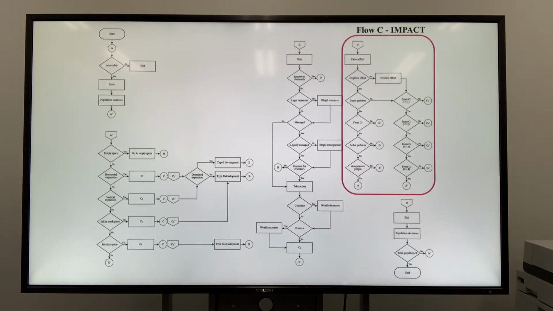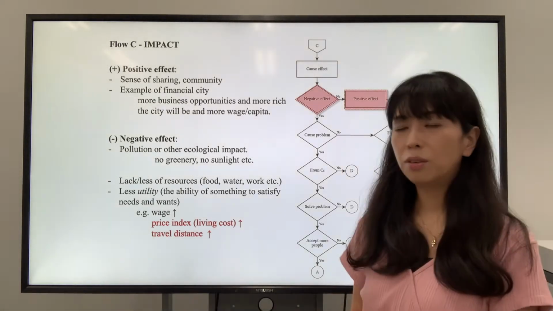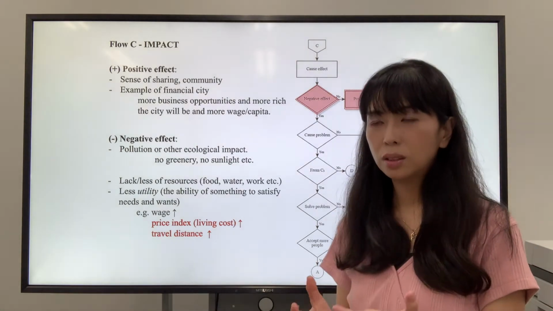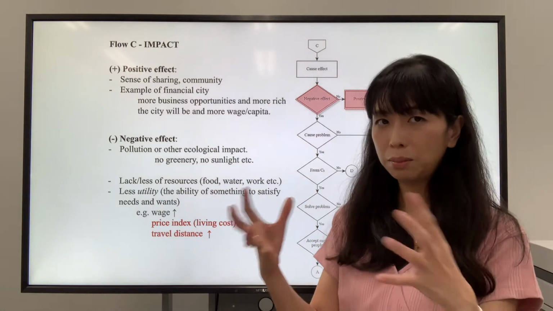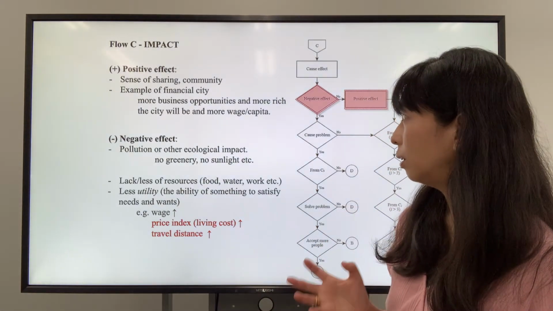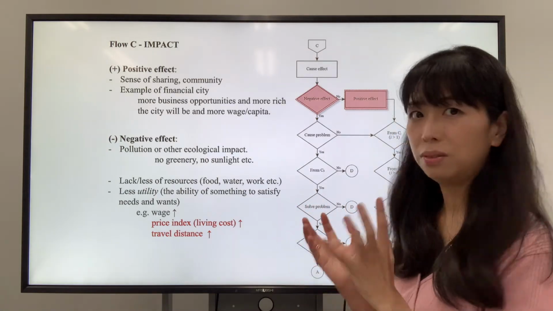Next is about impact. So within the frame, you have the resources, and then there's life going on, and there are people inhabiting the spaces. So this may have some positive and negative effects.